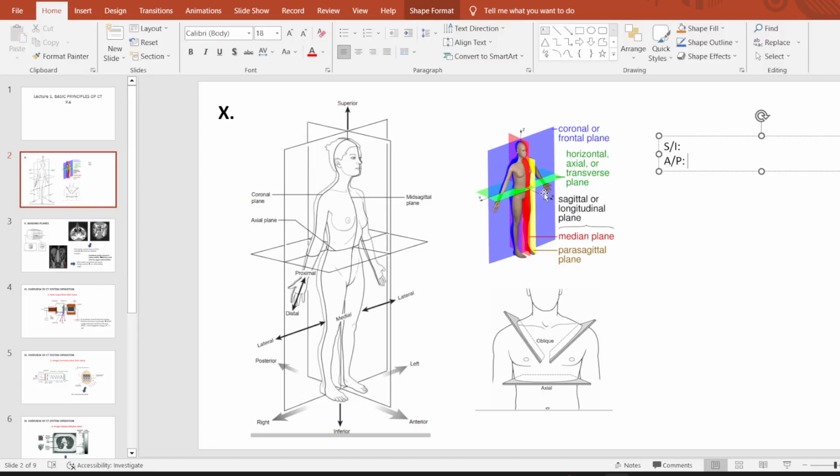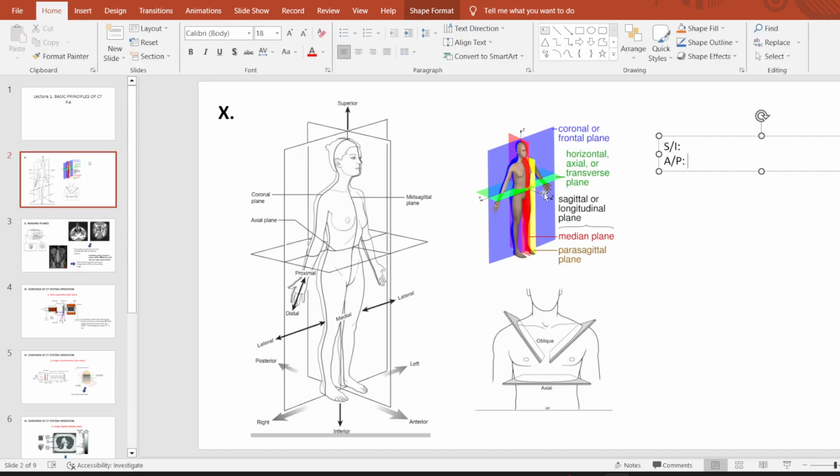So that's the reason why our first model could only reconstruct images in the axial plane. And as you may know too, over time we developed more advanced systems so that we can see images from the other planes.